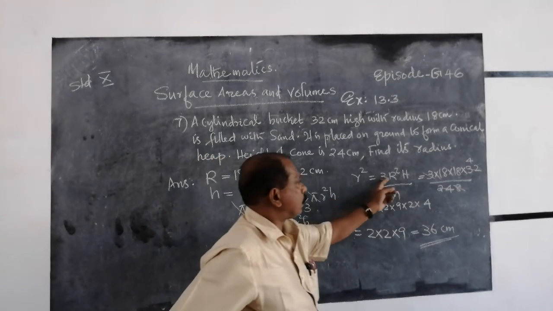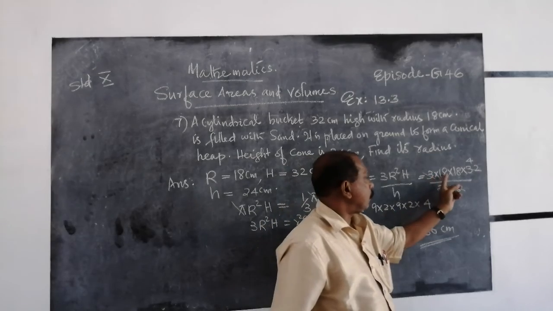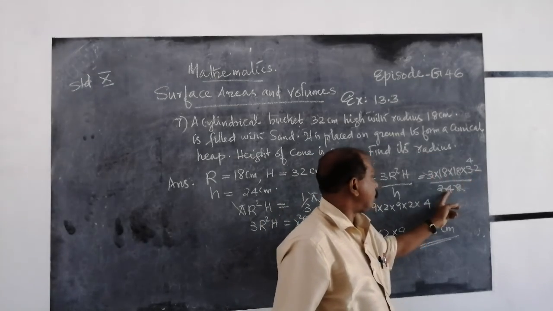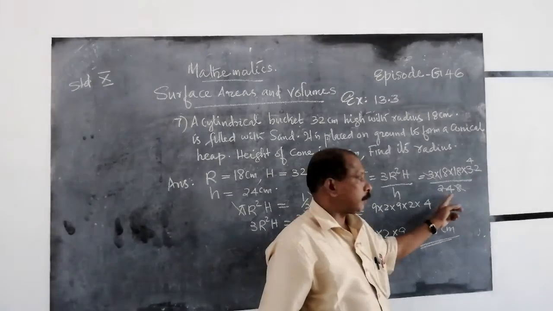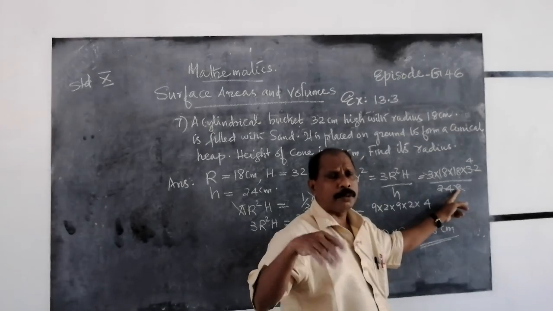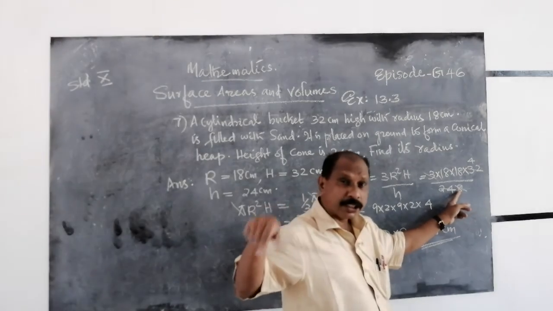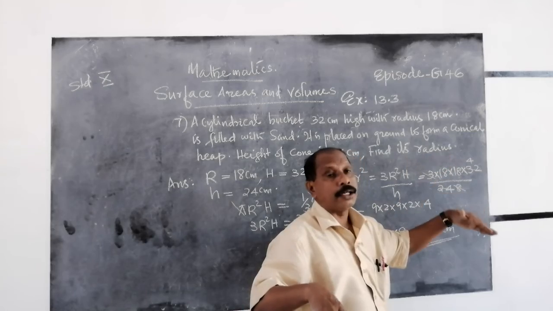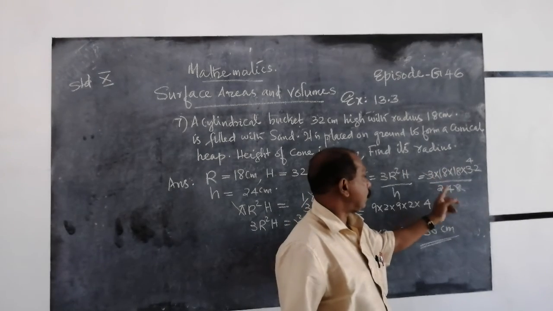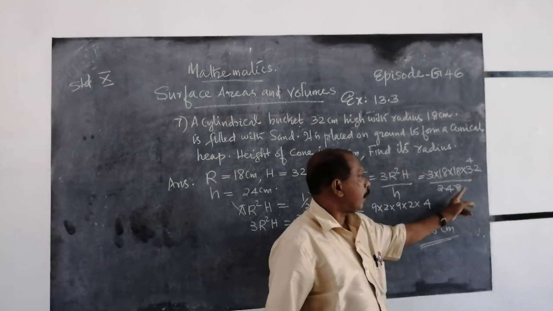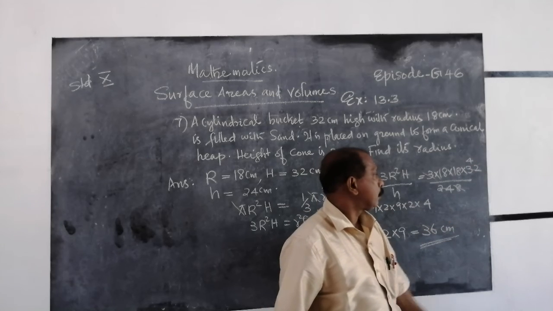Therefore, r square is 3 R square H by h, that is 3 into 18 into 18 into 32 by 24. 3 and 24 cancel. That is not only to multiply, but by the cancellation rule of mathematics, we can find out the answer simply. Therefore, 3 by 24, 3 8s are 24, 8 and 32 cancel, we get 4.